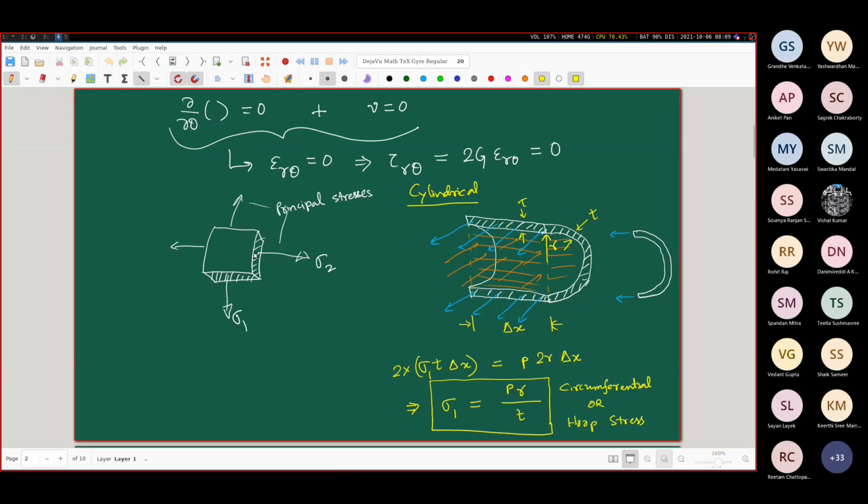Okay, so basically the tau r theta is on this plane, but we don't want that shear stress. It is good that it is 0, but for this sigma 2 to be equal to the principal stress, which is the shear stress component that we want to be 0? What is the shear stress here? The tau theta r.